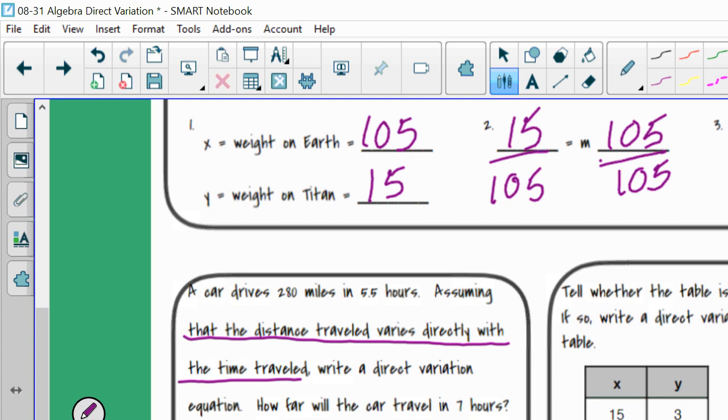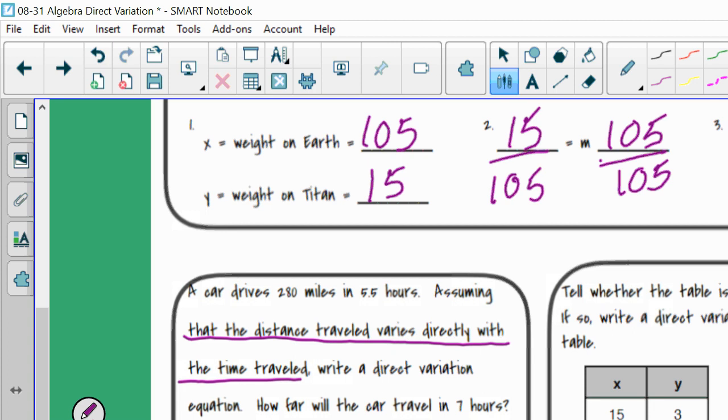Okay, first we need to determine what my X is and what my Y is. So does miles depend on hours, or does hours depend on miles? So you're telling me how long I drive depends on the miles driven? No, the miles driven depends on how long I've driven, right?